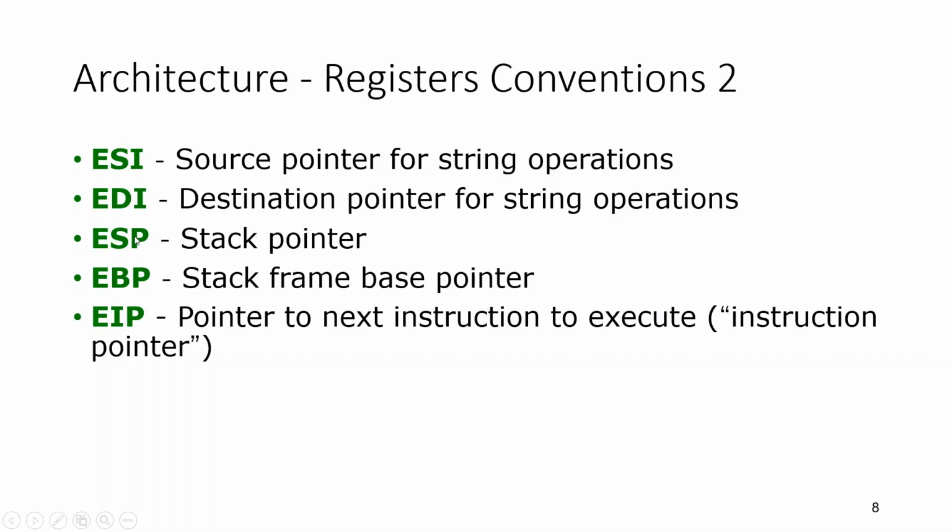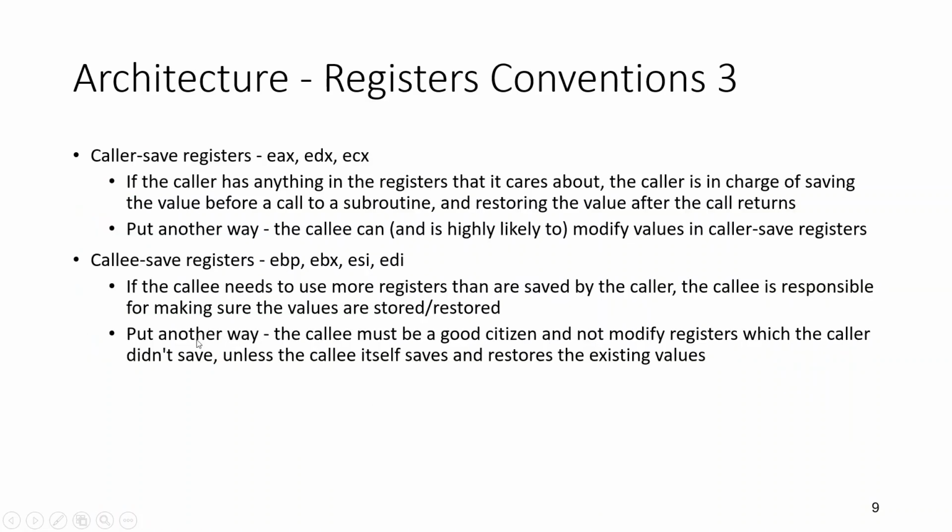Stack is a data structure which we will see in the next few slides, and the stack pointer always shows the top of the stack. Okay, the stack pointer shows the other end of the frame, the base pointer is the starting of that frame, and EIP points to the next instruction. This is the main register which we are going to focus on more from the exploitation point of view.